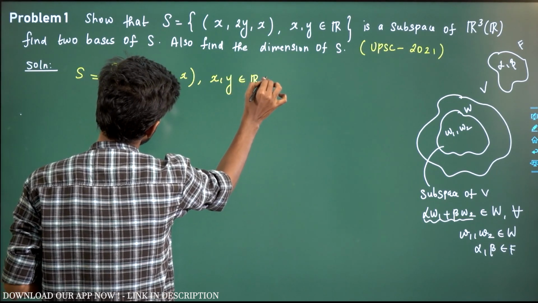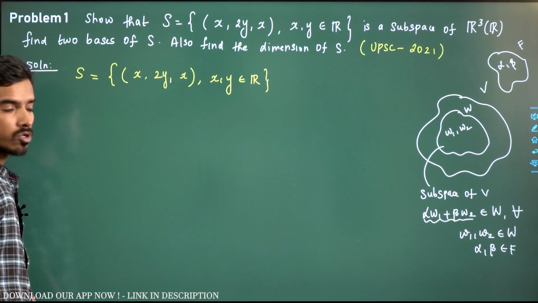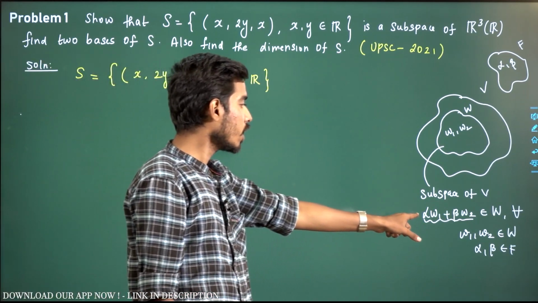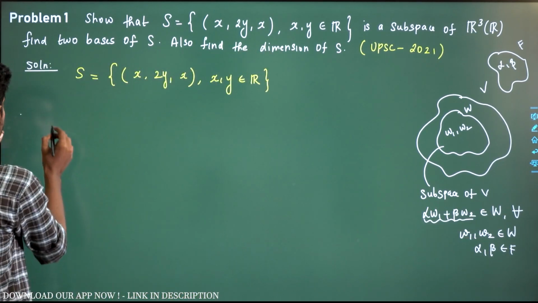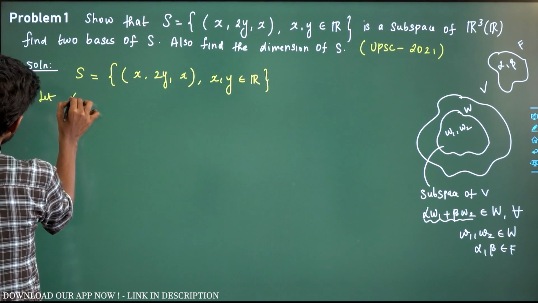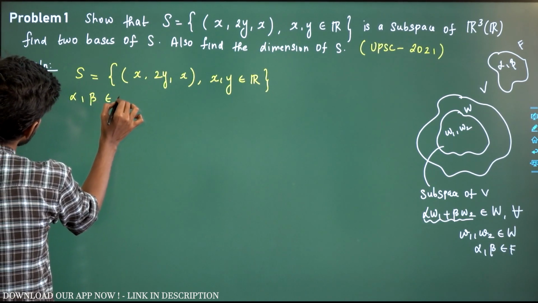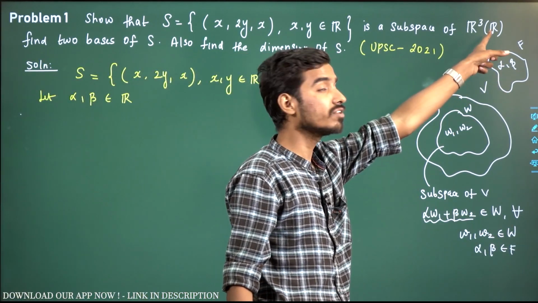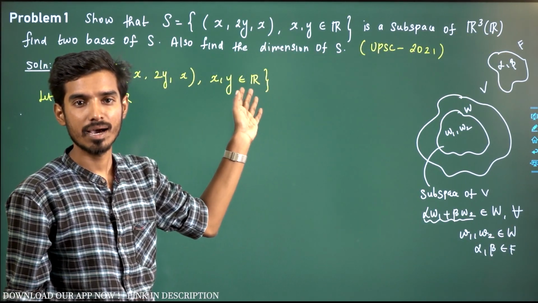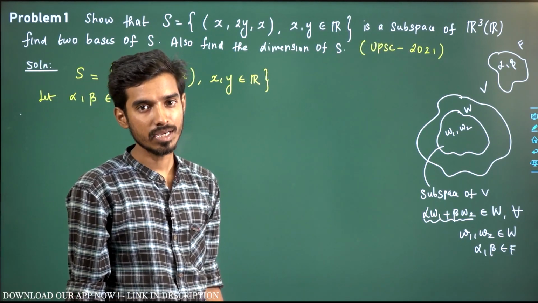So we need to show alpha times W1 plus beta times W2 is also in W. Let us take alpha, beta from F. Our F is R, so I'm taking two elements alpha, beta from the field R.